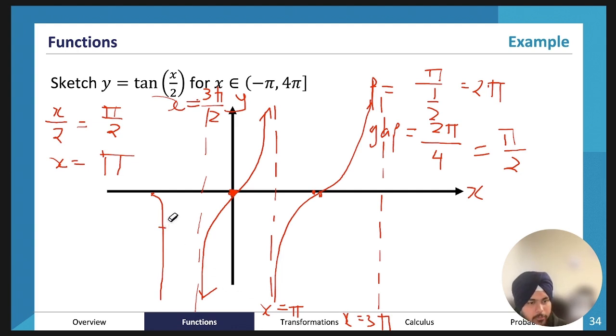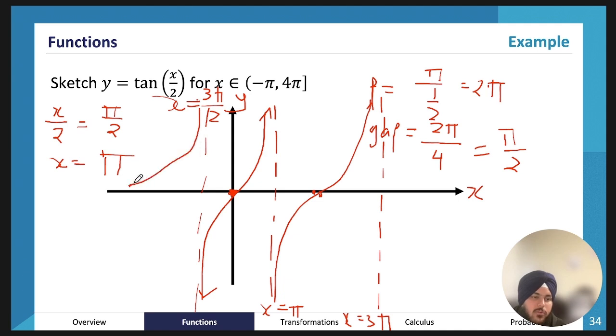Remember, it has to be approaching that value, so something along the lines of this. Okie dokie, so that's essentially it for graphing of the tangent functions. Sorry, did I draw this wrong? No, sorry, that should not be correct. It should be like this instead.